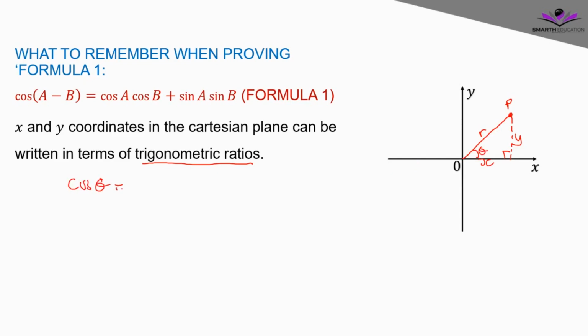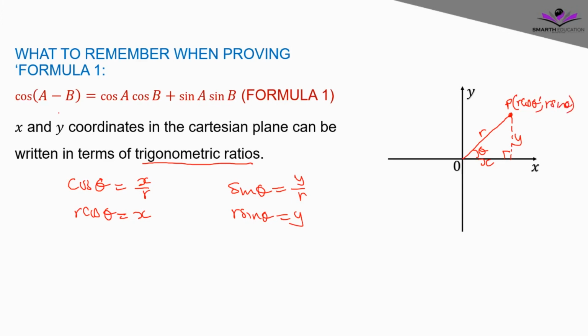So cos theta is equal to X over R, and sine theta is equal to Y over R. From these we can get X and Y by multiplying by R on both sides. R cos theta is equal to X, and R sine theta is equal to Y. So we can write our X coordinate as R cos theta, and our Y coordinate as R sine theta.